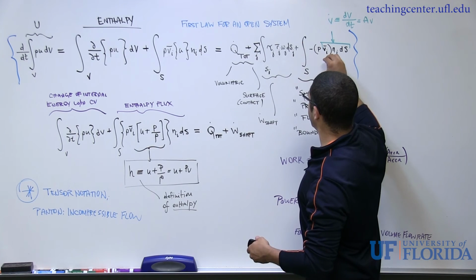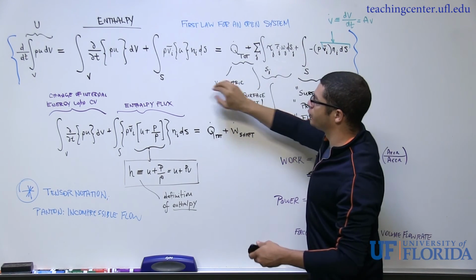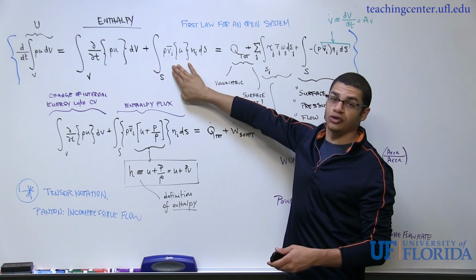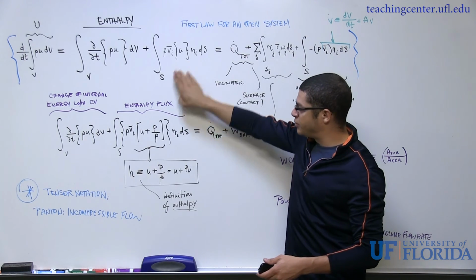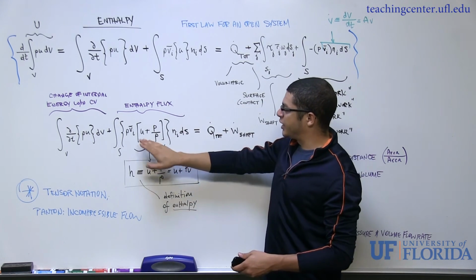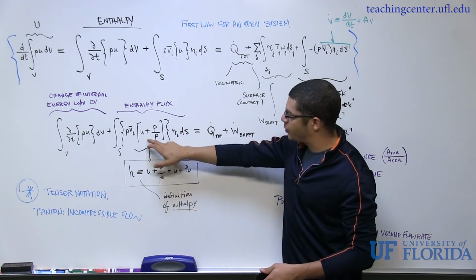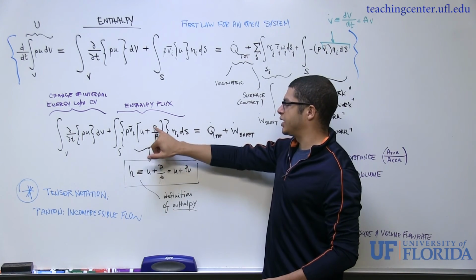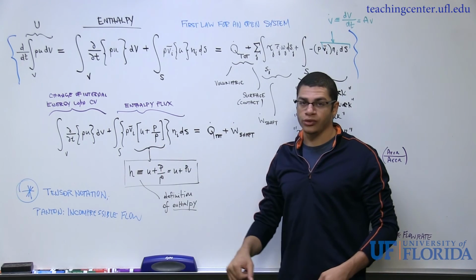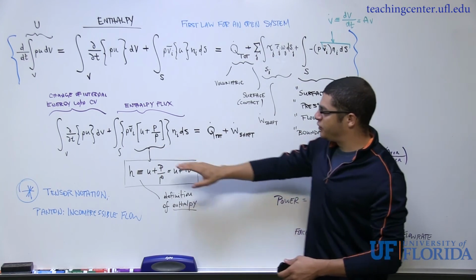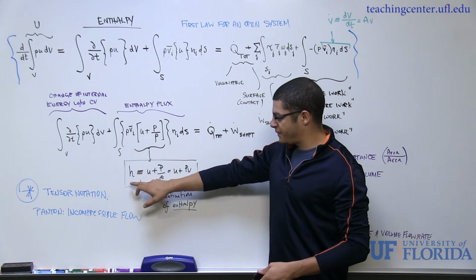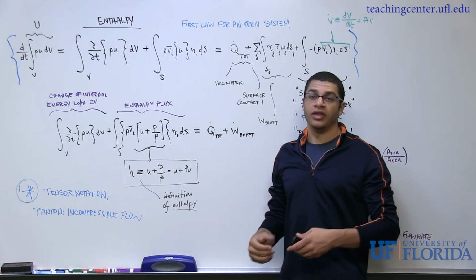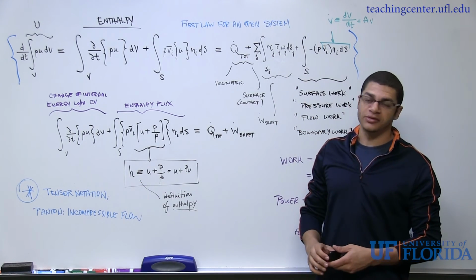So again, as I combine this last term, the flow work term, with this internal energy flux term, and then move down here to the second line, and again, rearranging, doing a little algebra, we get this combination: internal energy u plus p divided by rho, so the pressure divided by the density. This is what we define as h, or the enthalpy, the specific enthalpy of the system.